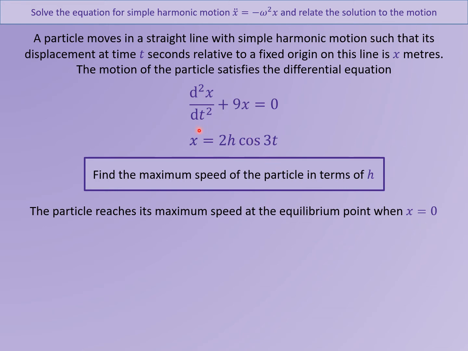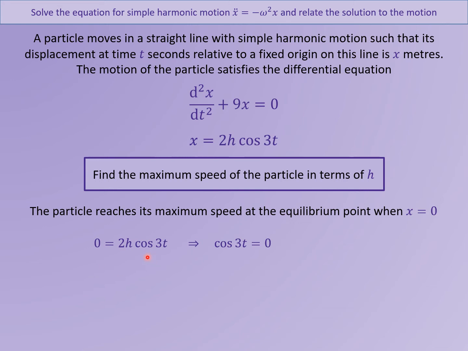Okay, so that's going to help me because I can work out maybe a time or something like that. So when x equals naught, 2h cos 3t is going to equal 0. That means we know that h can't equal 0 because h is the maximum height. If h equals 0, the thing's not moving at all. So h can't equal 0. So therefore I can cancel out the 2h. I can divide both sides by 2h.